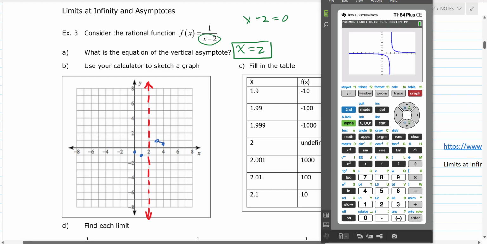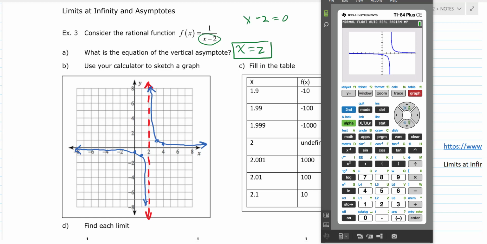So what's going to happen, when you have a vertical asymptote, the graph does not touch the asymptote, it just gets close to it. And it either goes up or down. And we're also going to learn that if you have what's called a horizontal asymptote, the graph levels off. So you want to go ahead and draw this function like that.